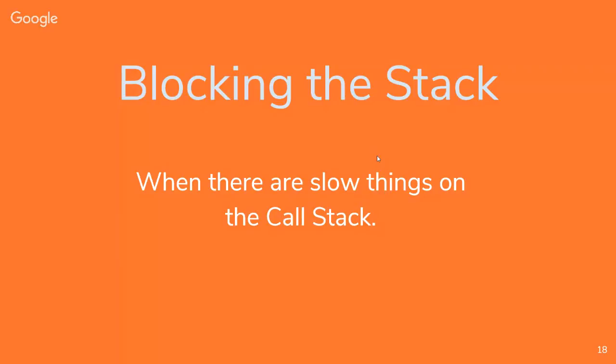So if we have a function that's trying to process like 50 images, and if we call that function, it goes on the stack and it blocks the stack, because all the other code has to wait before that function finishes to run.